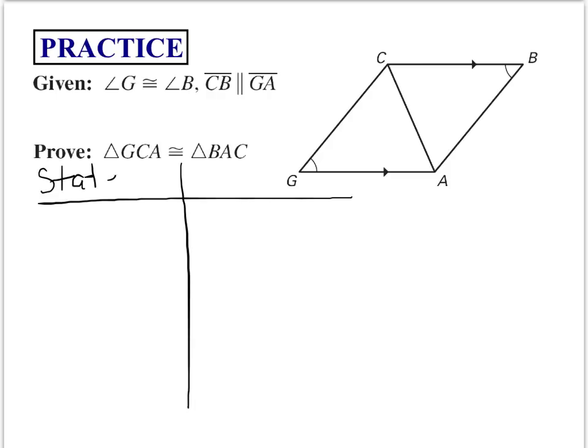So let's make our statements and our reasons columns. And then let's look at what we have going on in our diagram. They tell us that angle G is congruent to angle B. They tell us that line GA is parallel to CB, and that's all they tell us for now.